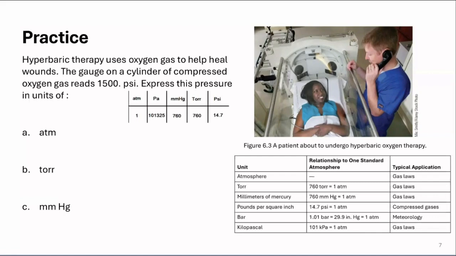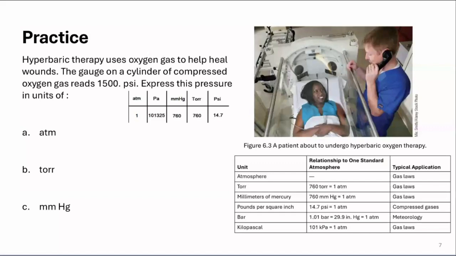PSI. We are going to express this pressure in units of ATM, torr, and millimeters of mercury. We can see specifically in the table in the bottom right corner the different equalities that can be utilized to change these units of measurement into each other.